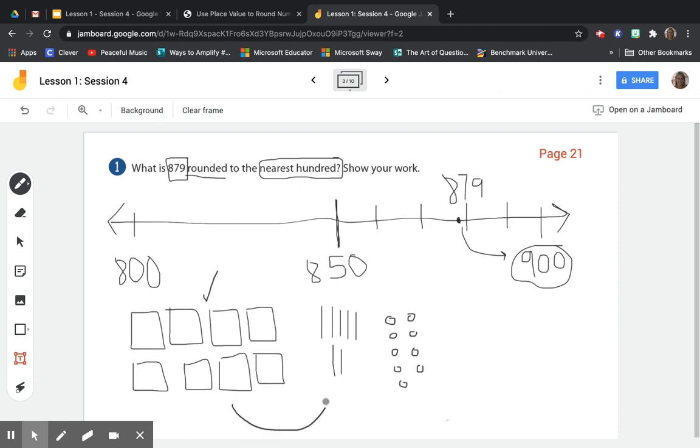So I'm just going to look at the tens right away. Let's count. 1, 2, 3, 4, 5, 6, 7 tens. So I already know that's more than 850. So I can round using my number line or my base 10 blocks. So it's really how you want to decide how to do it.